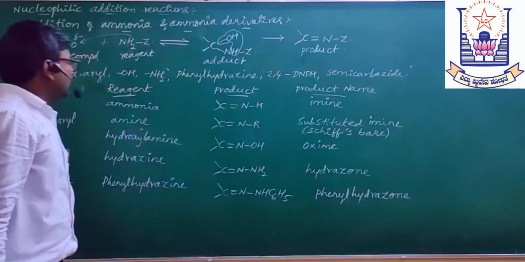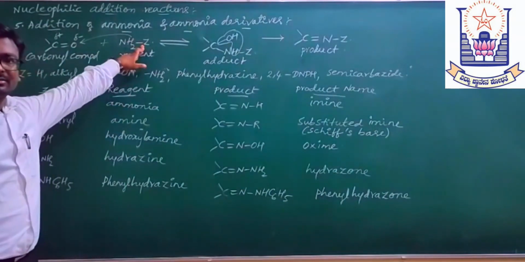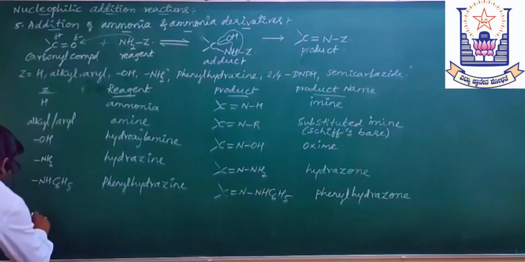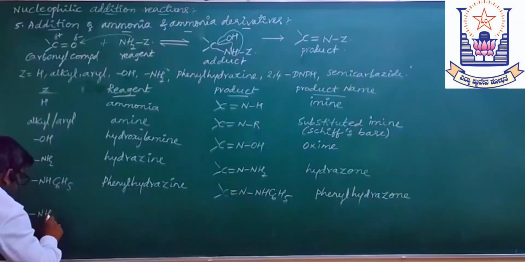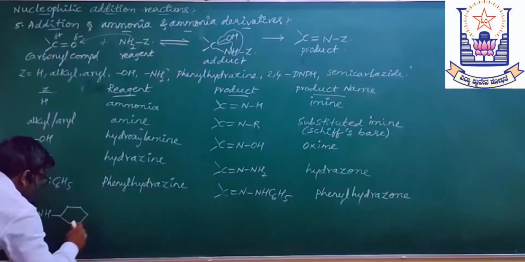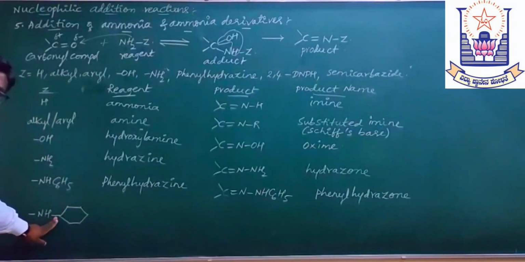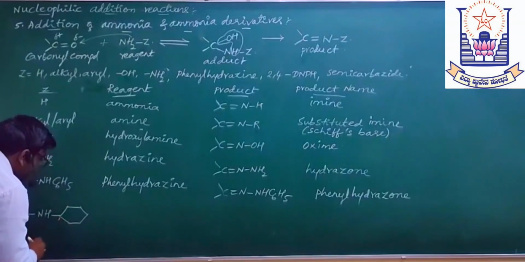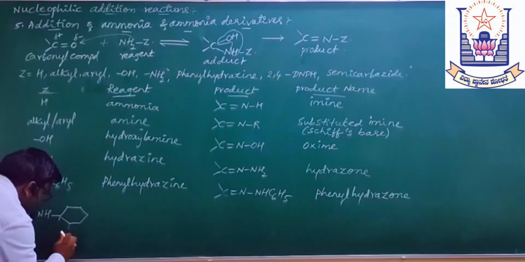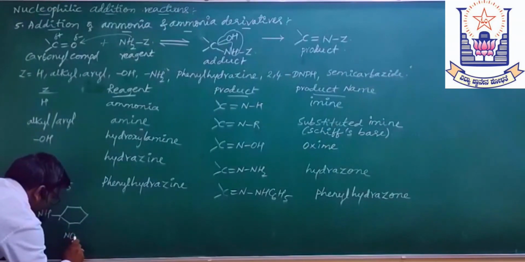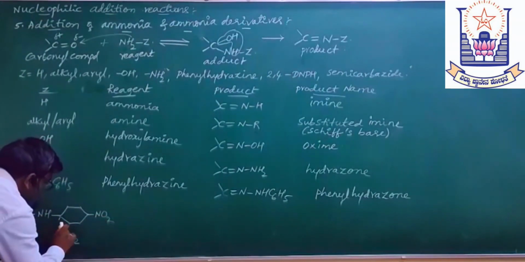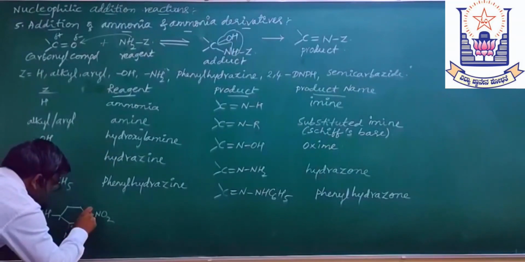If Z is 2,4 DNP, what is that? NH, benzene ring. This is position 1, this is position 2, and this is position 4: 1, 2, 3, 4.